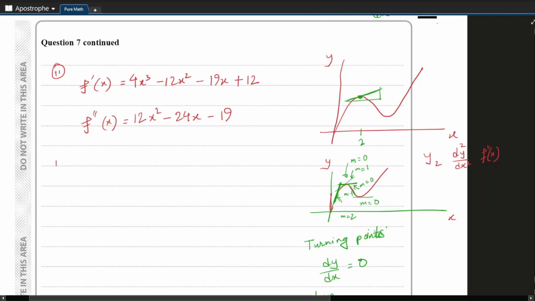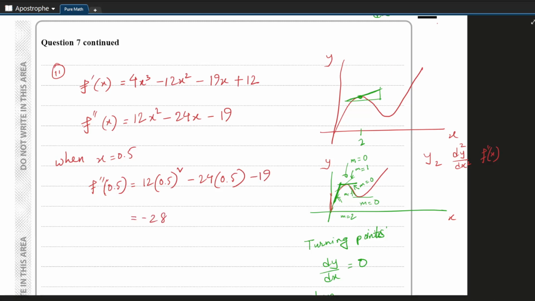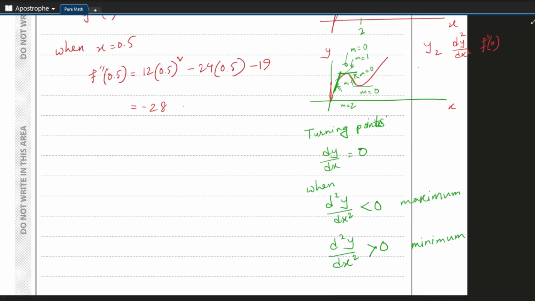So when x is equal to 0.5, f double prime of 0.5 is equal to 12 times 0.5 all squared, minus 24 times 0.5, minus 19. The calculated value is negative 28. That means it is less than 0. Therefore, it is a maximum.